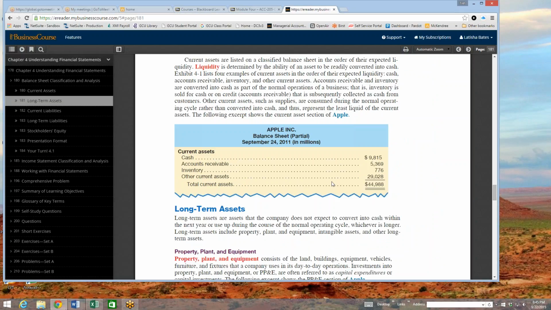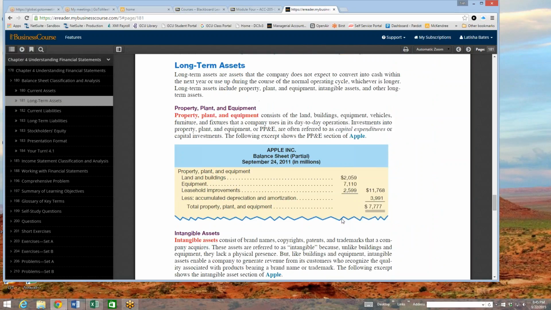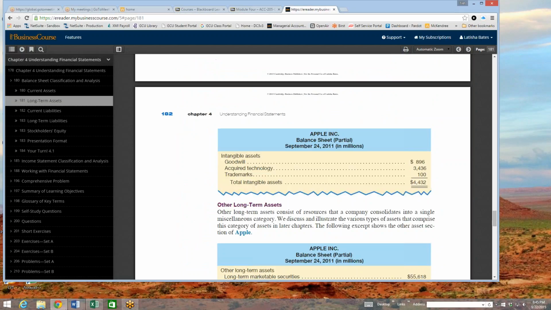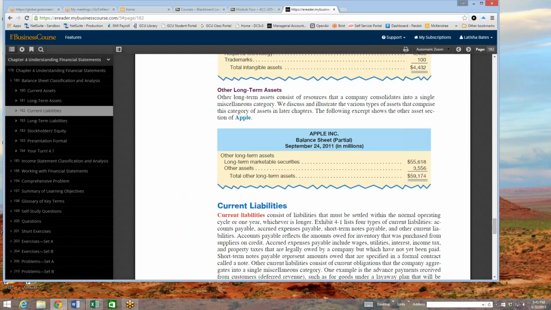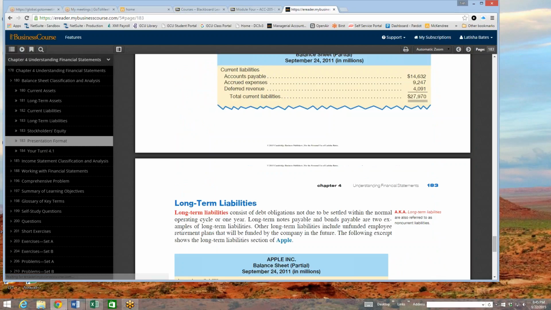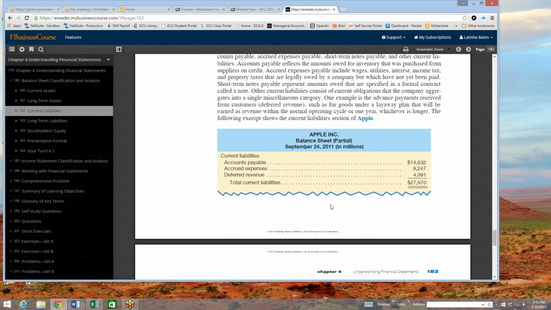So here's how you get your current assets. Here's how you get your long-term assets, intangibles, current liabilities. So I would mark each one of these examples with, this is how I calculate, maybe make a little note on the Post-it note, calculate, and then whatever it is. So for instance, calculate current liabilities and mark it on that page.